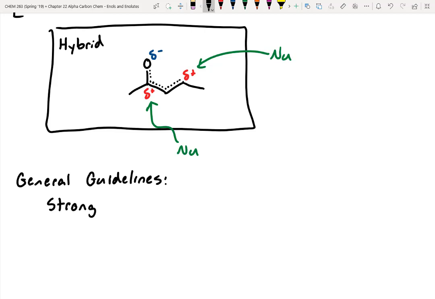Are pretty easy to remember. Strong, unstable nucleophiles prefer to attack the carbon immediately underneath.